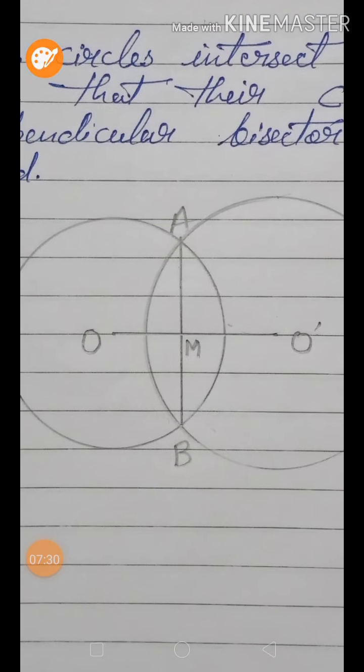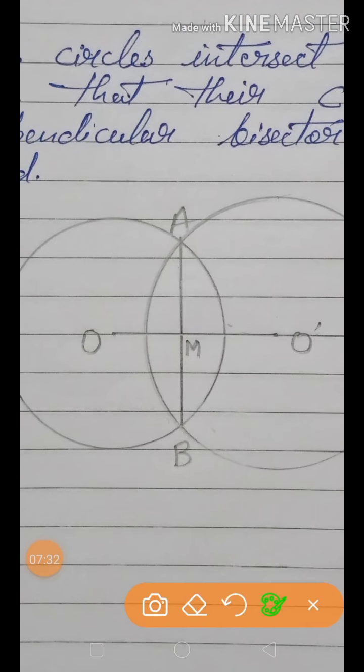This is the line OO dash and it is intersecting AB at point M. Means we need to prove that AM is equal to BM and this angle is 90 degrees.